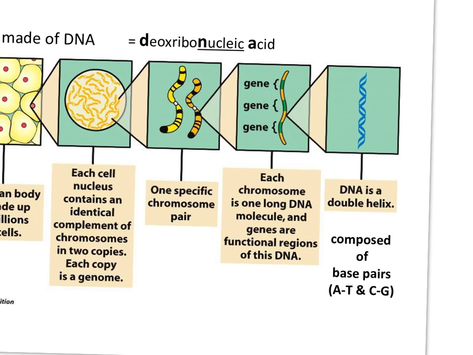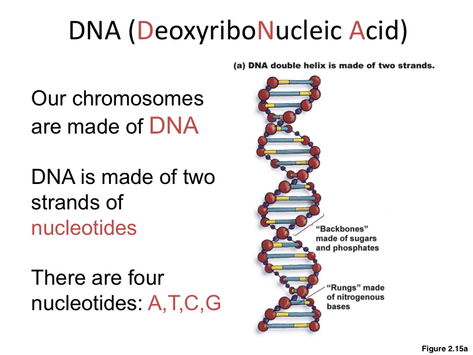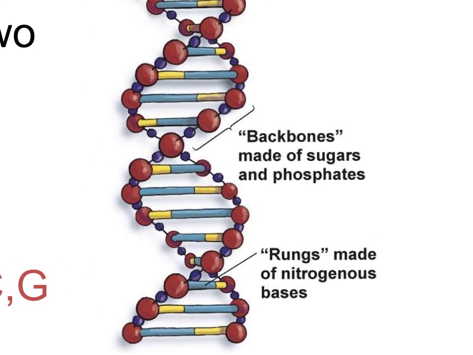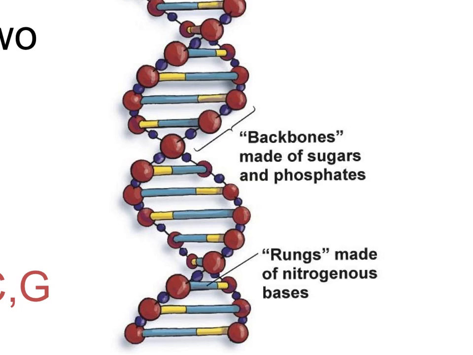And if you have 3 of them, that's a codon that codes for an amino acid. So a codon is 3 bases in a row that code for a specific amino acid. And we'll look closely. Okay, so here's our DNA, right? There's the backbone, made of sugars and phosphates.